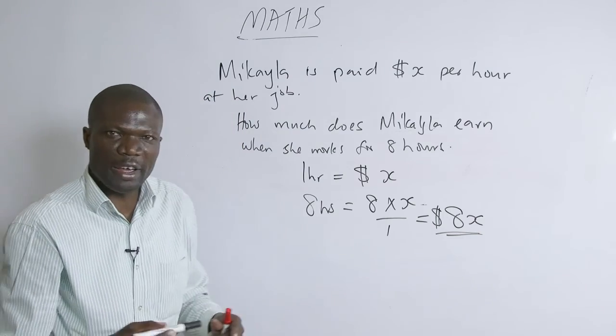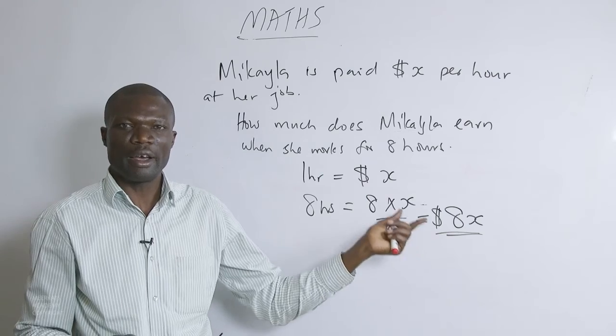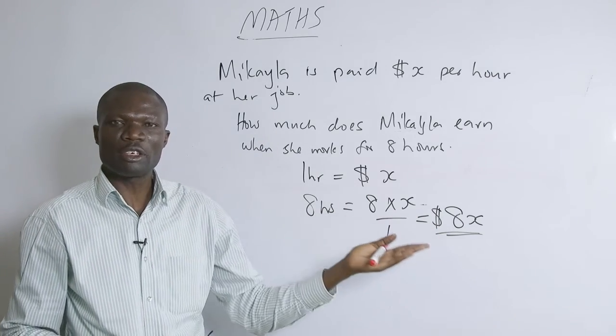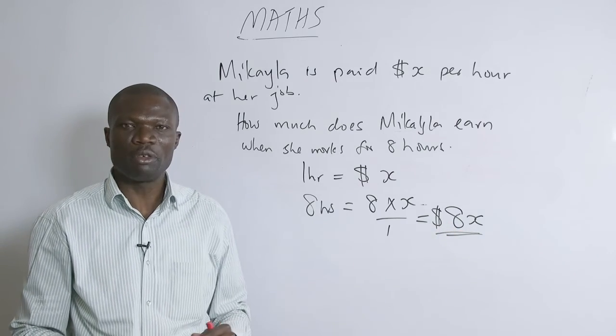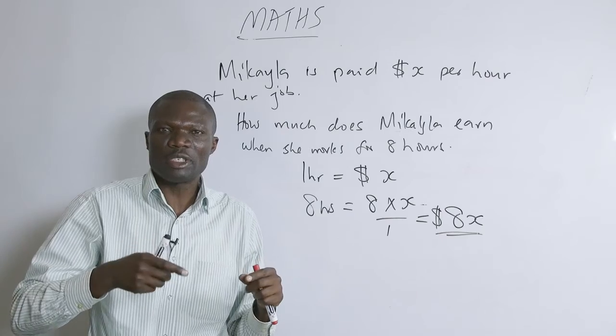So we are able to find what Michaela earns simply by taking the product of x, which is the rate per hour, and the number of hours.